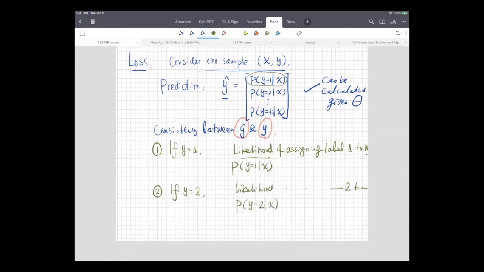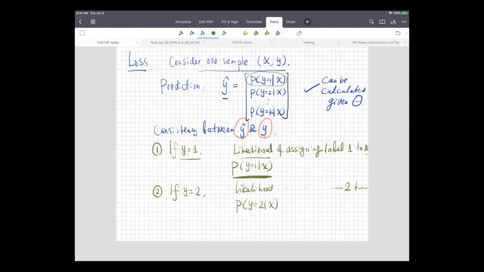If the ground truth is 1, I would like to see this number be as high as possible, because the higher the likelihood, the more it means your model is doing the right job and making correct predictions. Otherwise it would be a wrong prediction. So I would like the likelihood to be high.